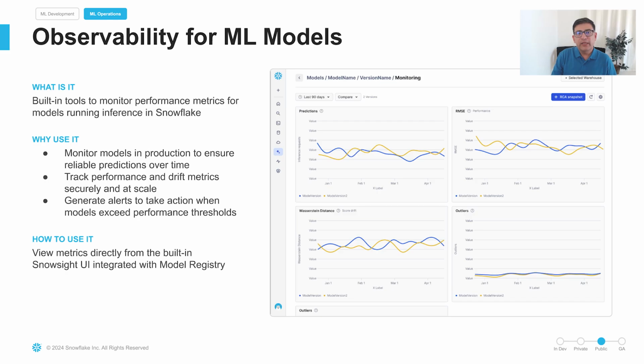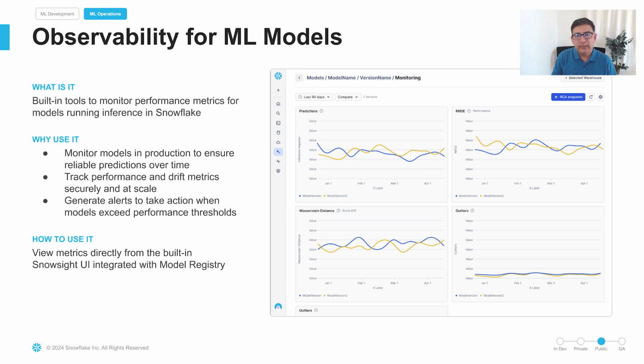Now, monitoring the full health and performance of your models, however, goes beyond just explainability and feature contributions. Because decisions made by your models can have a massive impact on your business, monitoring models in production for performance, for drift, for quality of incoming data, this is all necessary to ensure that the decisions made by your models are trustworthy. So Snowflake's ML observability completes the story of the end-to-end operationalization of a model.